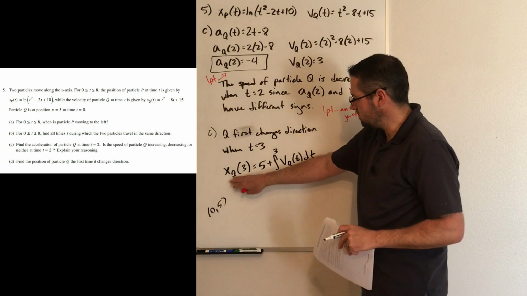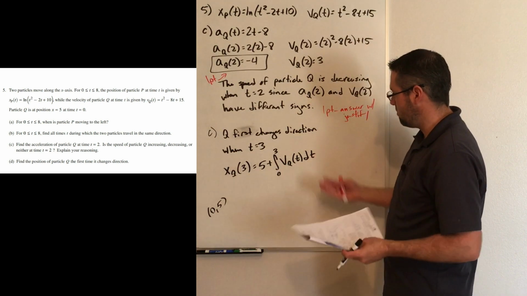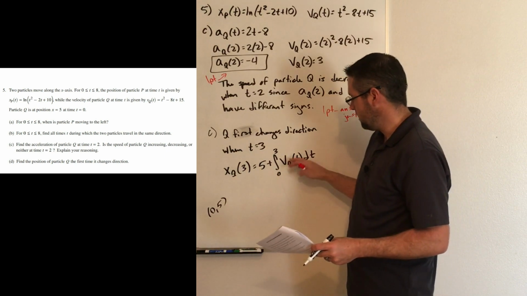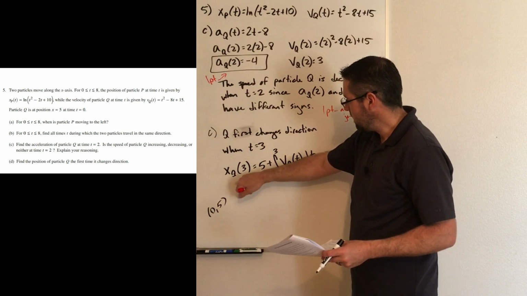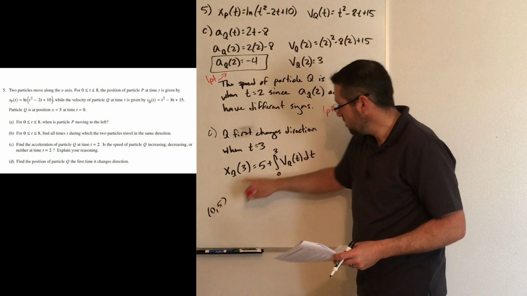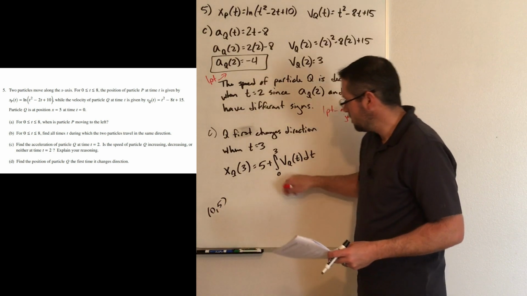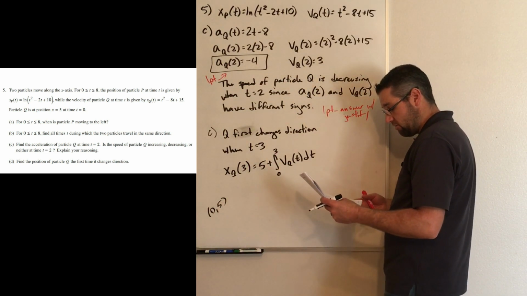I know all these subscripts, the Q's and the P's, make it a little more difficult for our brains to process, but they're there for a reason, because we're comparing two different particles. Anyways, the position at 3 is equal to 5 plus the integral from 0 to 3 of velocity.